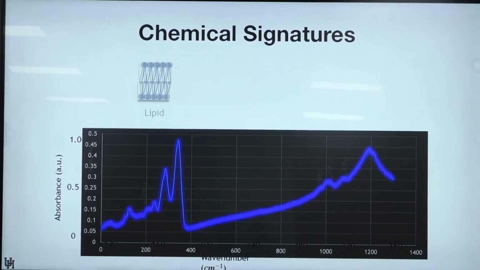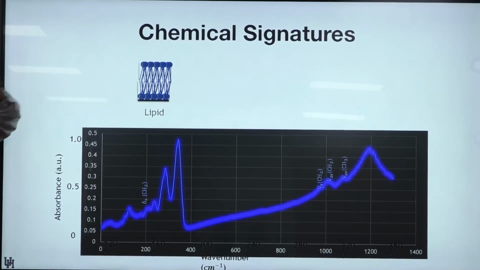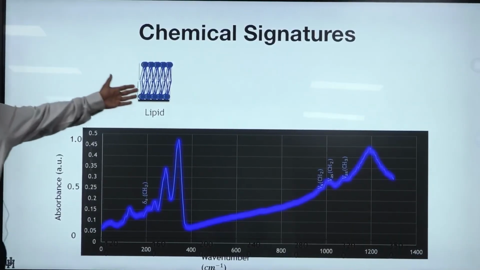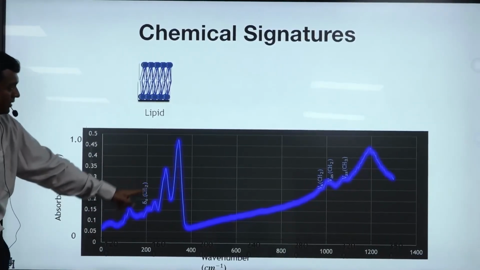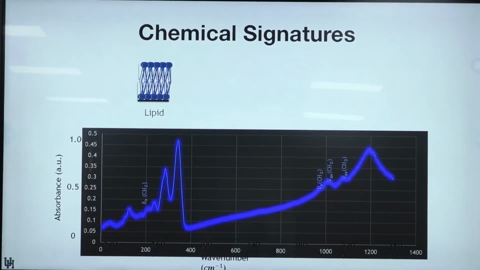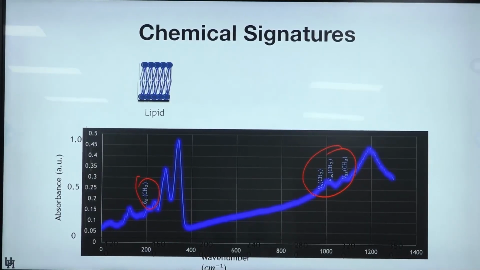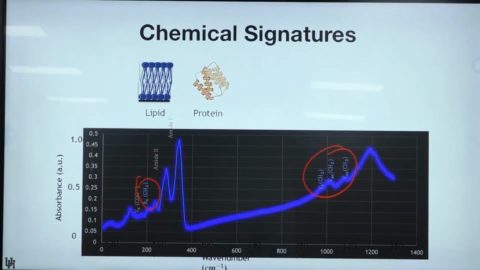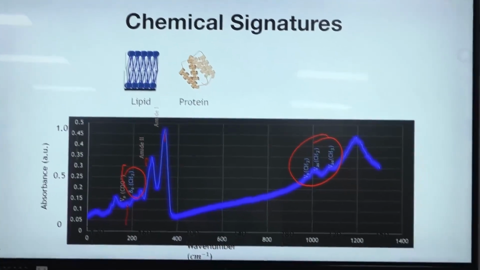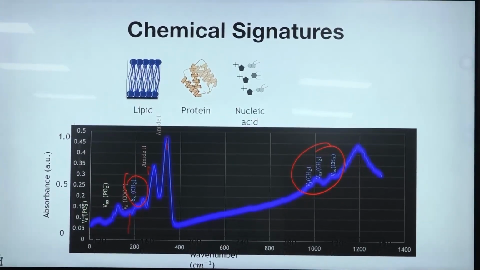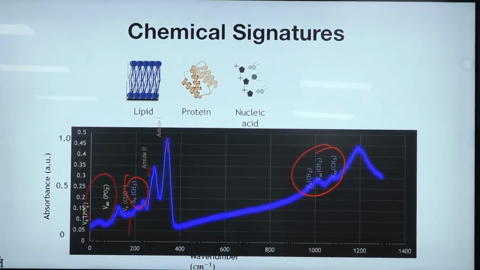It can still tell us the big category of molecules. For example, is it a lipid? Lipids have some peaks here and some over here. Then you have proteins, which have peaks in some of these regions, and nucleic acids, which have a few other peaks over here.